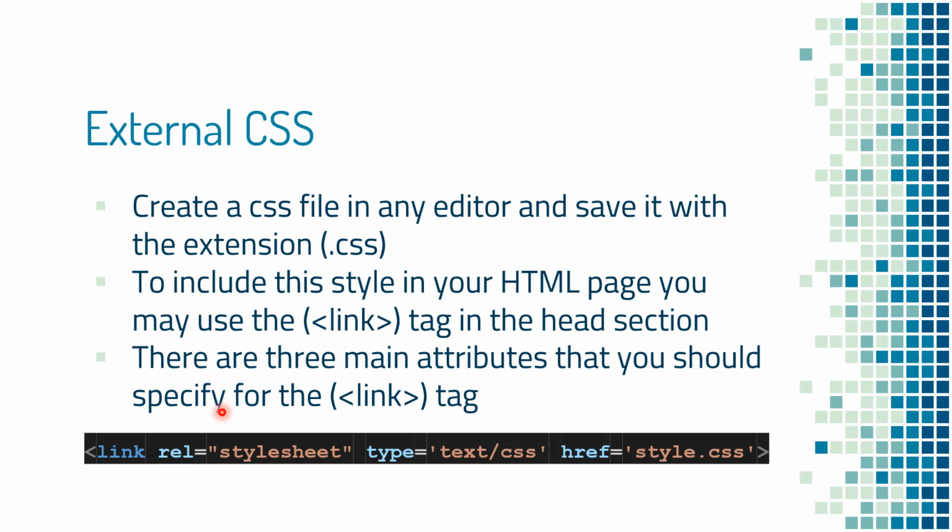The first one is rel, or relation, which in this case tells the browser we are linking our HTML page with a style sheet file. Then the type, which is the MIME type, usually text/css.